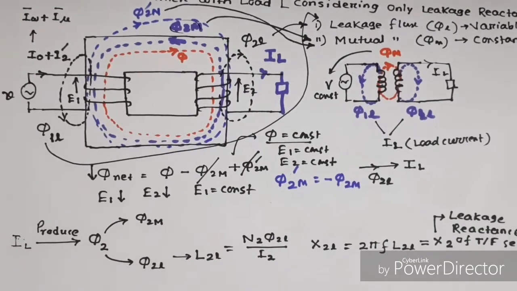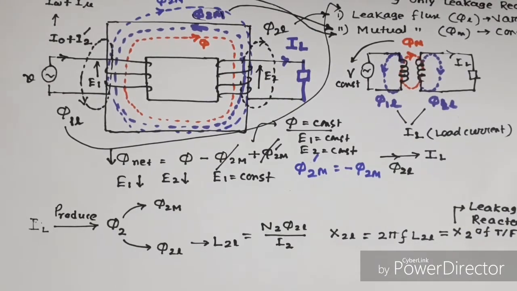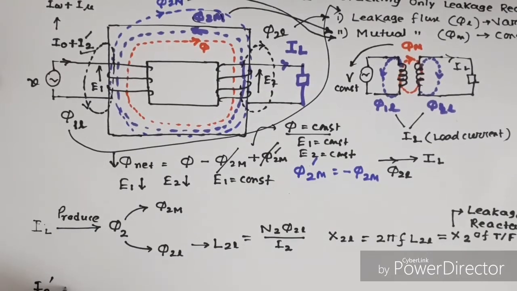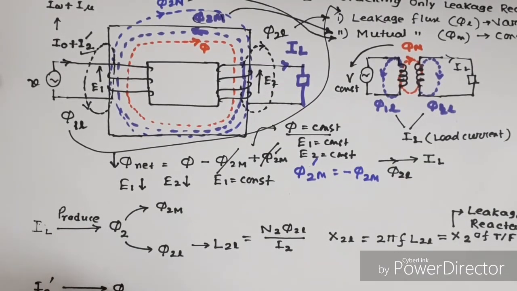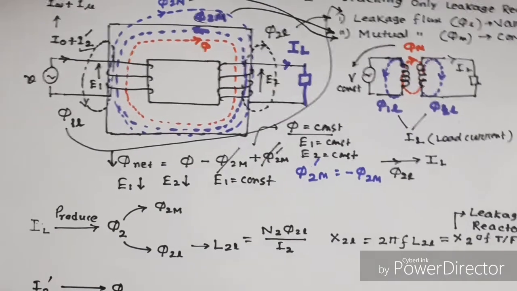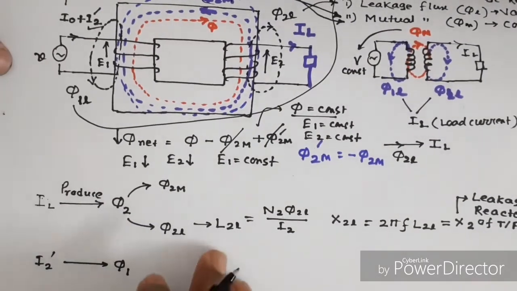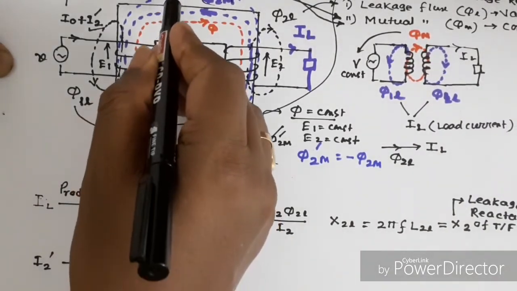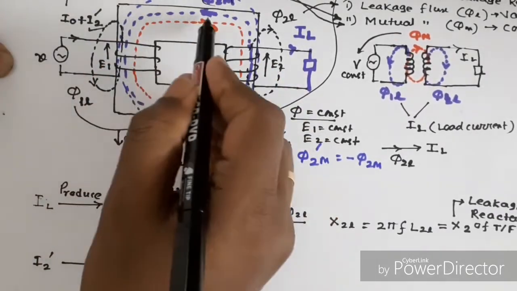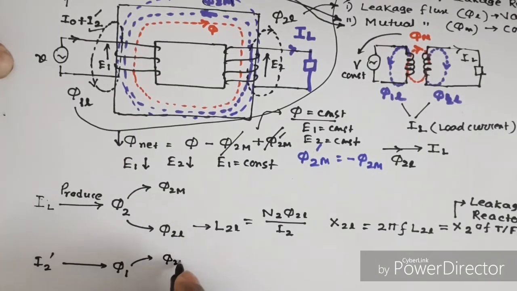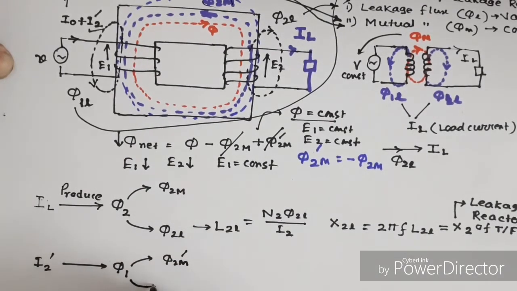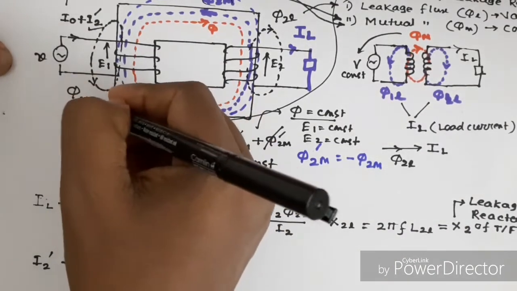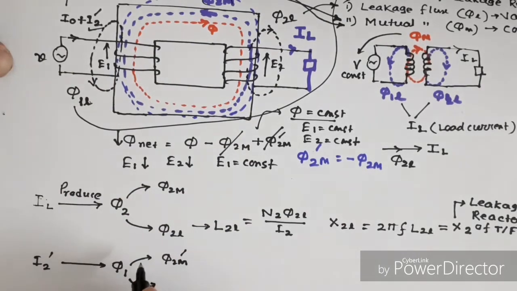Similarly, due to current I2 dash, a flux phi 1 will be produced. Now, phi 1 has two components. One is phi 2m dash, in opposition to phi 2m, and another component is the leakage flux phi 1L.